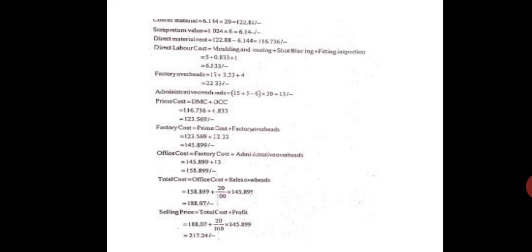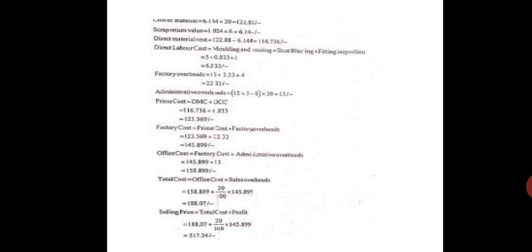So 6 by 60 into 10 is rupees 1 per piece. So the direct labor cost is molding plus pouring plus shot blasting plus fettling and inspection. So that is 5 plus 0.833 plus 1, that is 6.833. This is the direct labor cost.